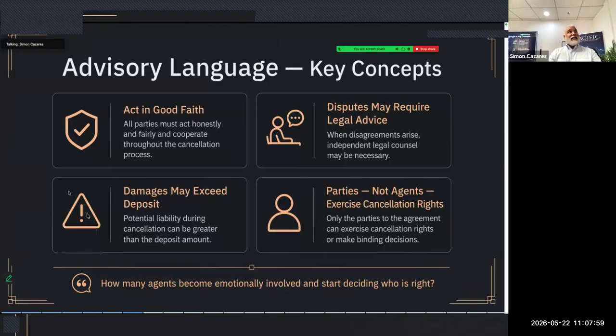Look, if you're a listing agent and the buyer hasn't released all contingencies, I wouldn't do any request of repair that was already approved or accepted by the seller until I know that the buyer has released all contingencies, because now I have every right to go after the full deposit for damages.